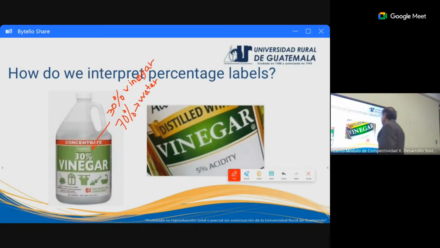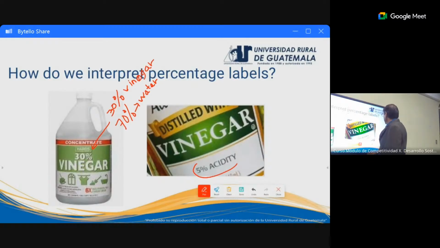And you can see to your right the similar examples, but the difference is that it contains only 5% vinegar and the rest, 95% water.